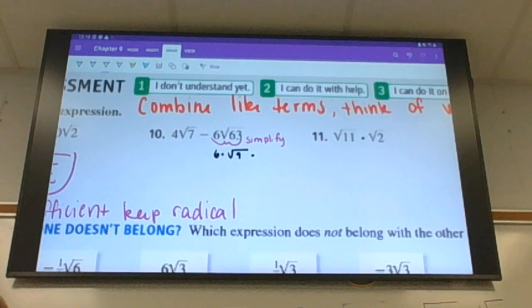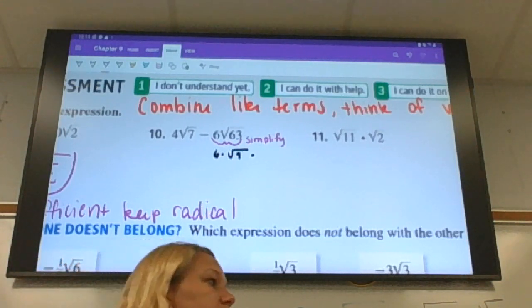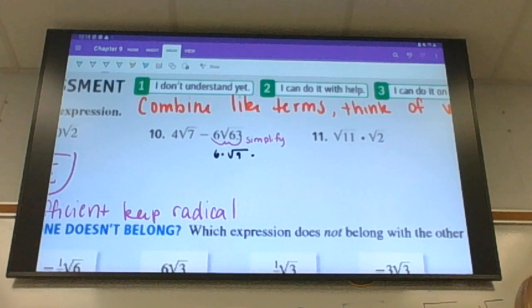It's a really big disadvantage if you don't. It's a bummer. You're going to have to work harder. If you don't know your multiplication tables very well, you have to use your calculator. 63 divided by 9 is 7. You have to use your tool if you don't know your multiplication tables.